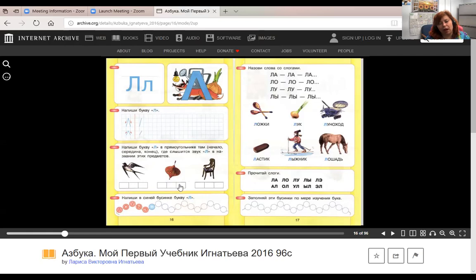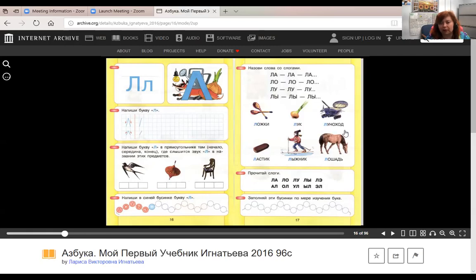The word юла, it's a children's toy. Юла, the L sound is in the middle. Юла. Стул, chair. Стул, the L sound is at the end. And this is ложки. Ложка means spoon. Ложки, plural of spoon. Лук, onion.